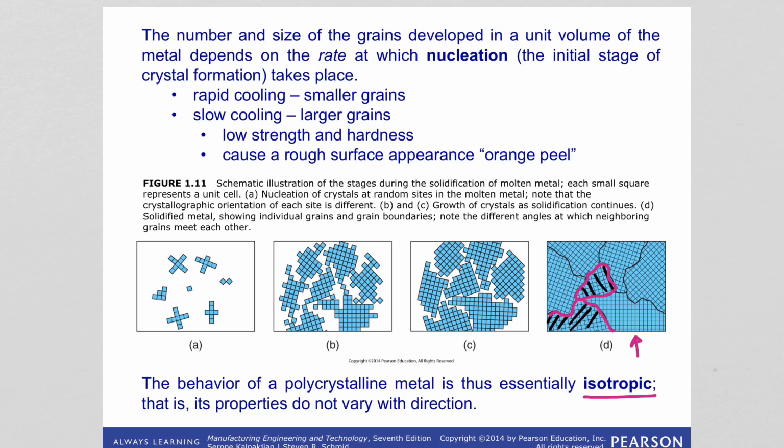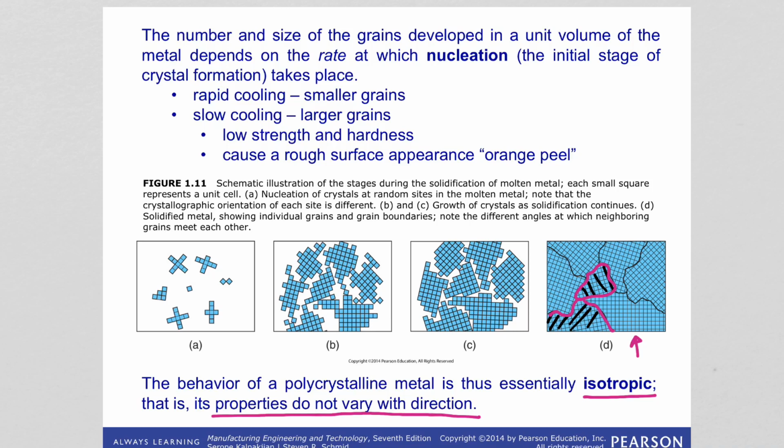In single crystals, the atoms are aligned only in a certain direction, so the property changes depending on the direction. But isotropic means the properties will not vary with direction.